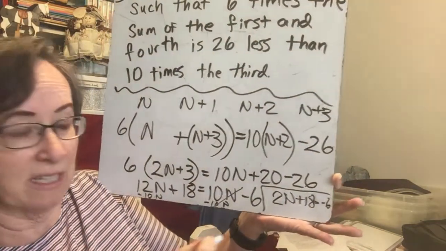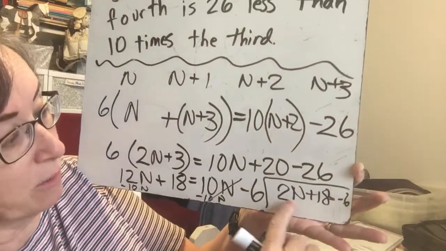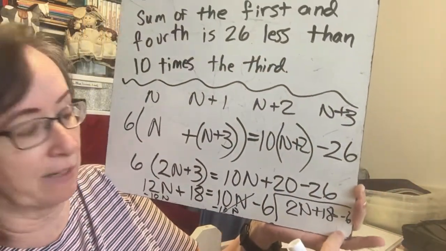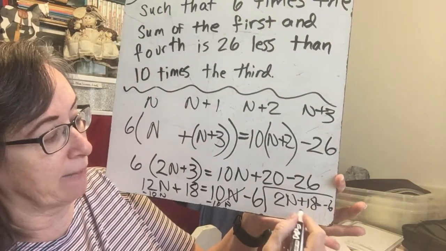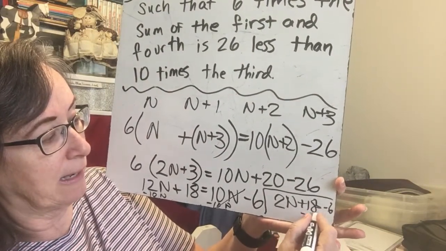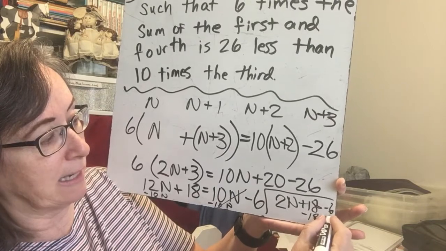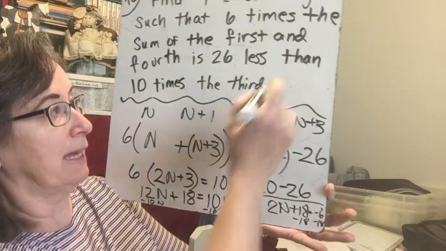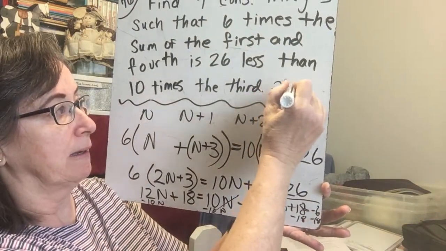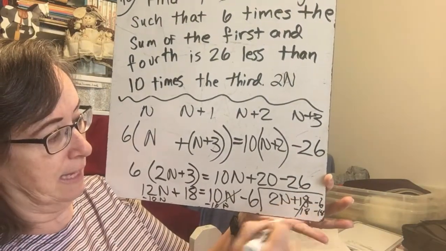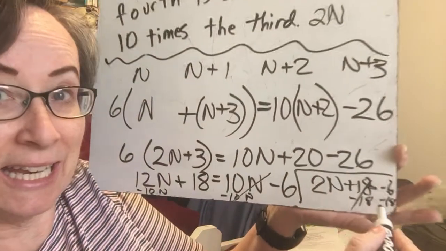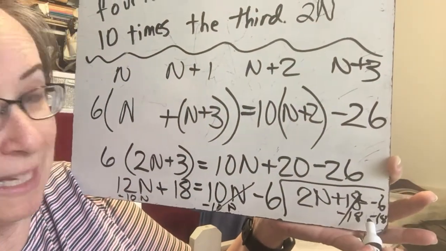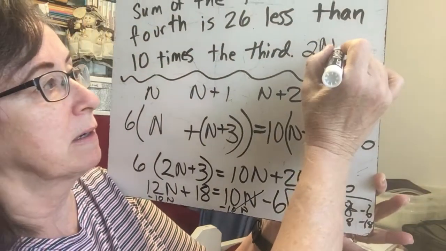Okay, so I got this little thing here. 2n plus 18 equals negative 6. I need to get the 2n by itself, so I'm going to subtract the 18 and subtract the 18. So now I end up with 2n. This cancels. A negative 6 and a negative 18, hopefully you can see that, is a negative 24.